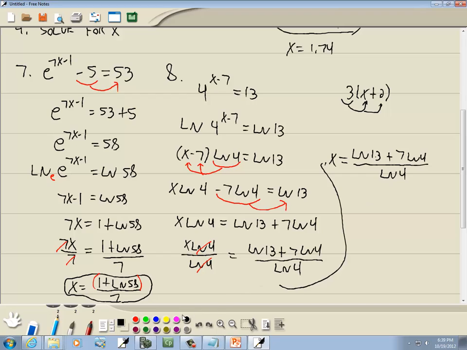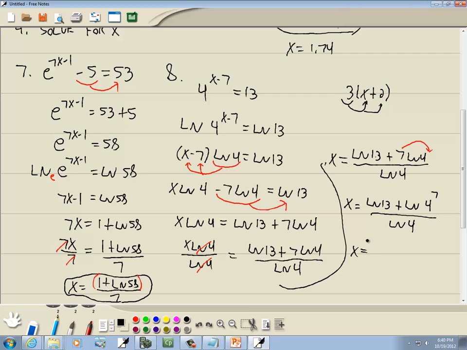Everything would have to be multiplication up on top for you to be able to cancel those natural log of 4's. What I mean by simplification is we have a property of log that says if you have a number out in front of the log, you can take that and put it as your power. So we got x is equal to natural log of 13 plus natural log of 4 to the 7th power over natural log of 4.